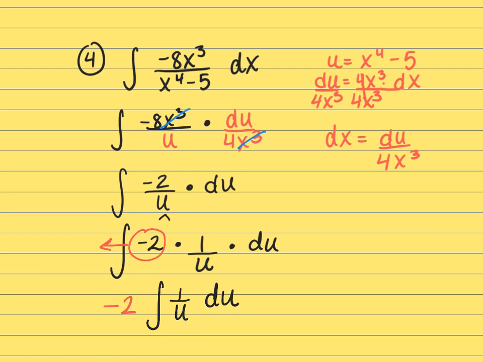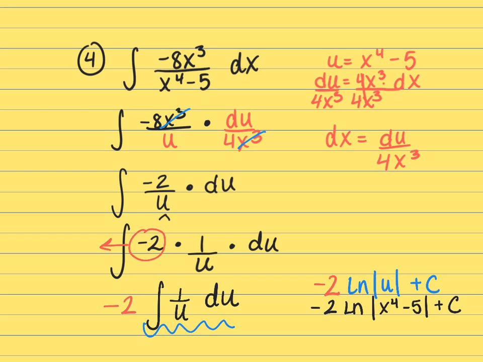And you can say, okay, the integral of 1 over u du is just ln. So ln of u plus c with the negative 2 on the outside. So then the final answer with x's is negative 2 ln absolute value of x to the fourth minus 5 plus c. This would be your final answer.